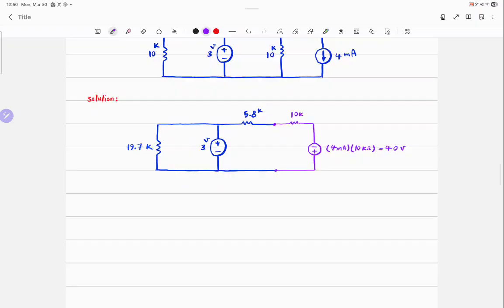Okay, so nodal analysis is fine for this, mesh analysis is fine for this, but I'm going to do nodal. I wouldn't even call it nodal. I'm just going to write one equation and that's it.